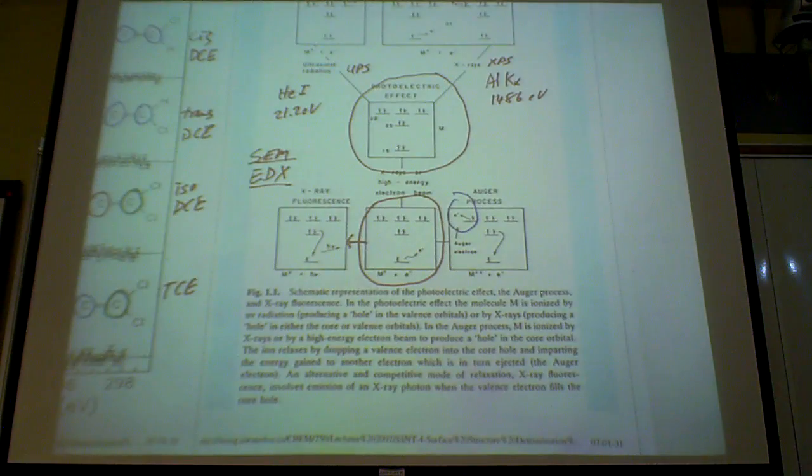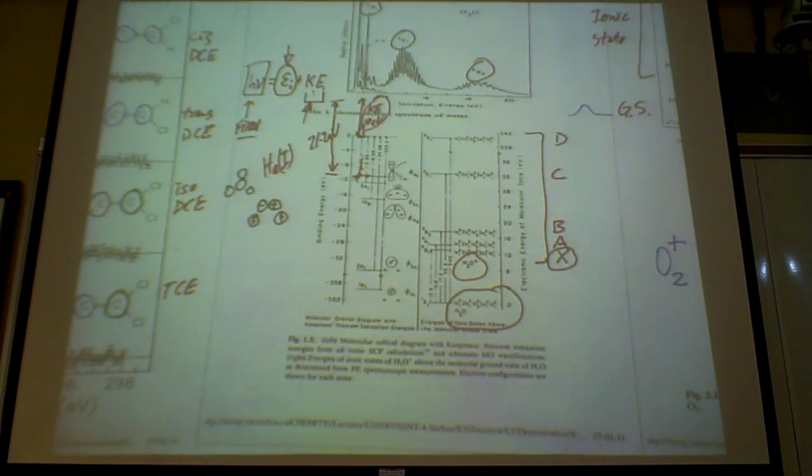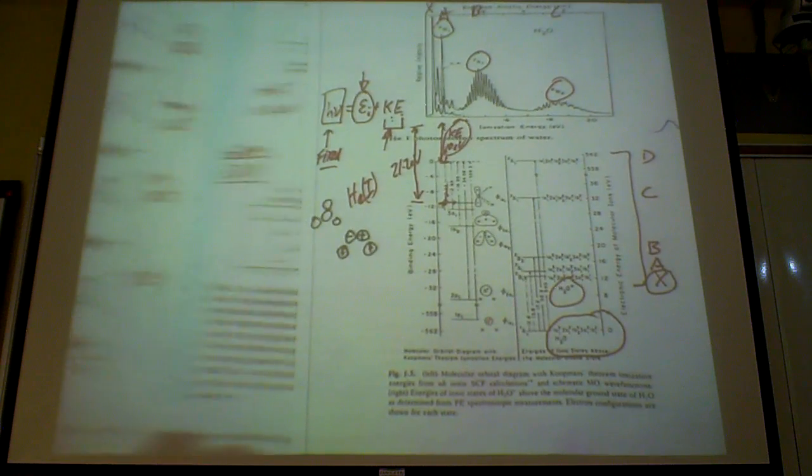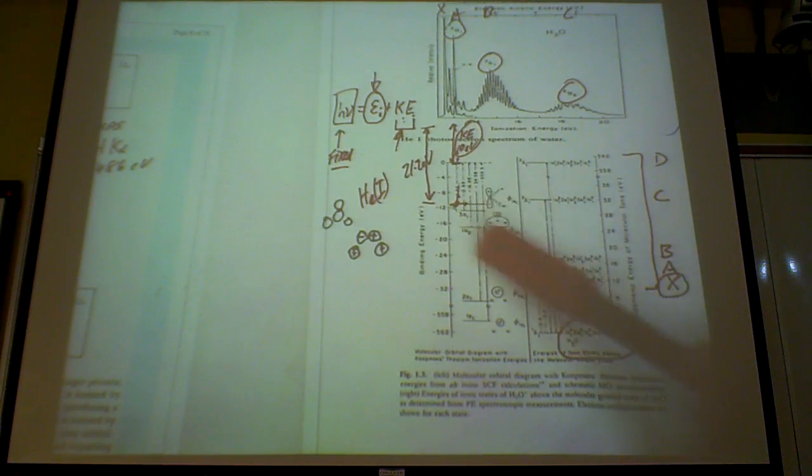You may ask, because the core electron, we know, does not get involved in bonding, right? As our example showed in the water molecule, all the bonding occurs in the valence electrons.